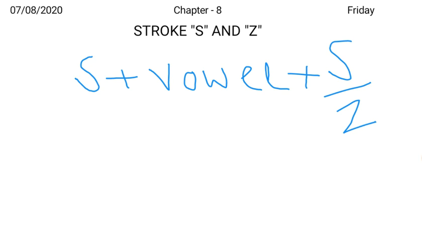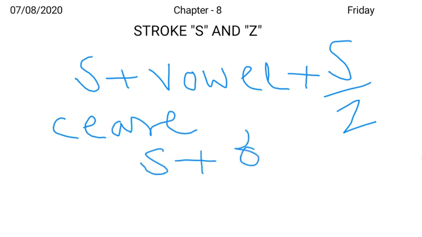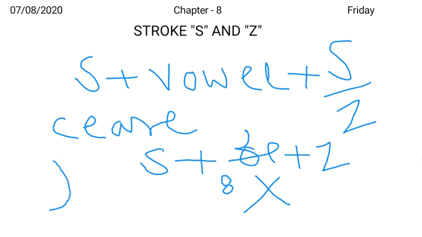For example, take the word seas, S plus E plus Z. Now here in this case, before S there is no vowel. If you write a circle, and finally a circle represents S and Z, if you add another small circle, it gives an awkward joining. So in such a case, one S is represented by the stroke, and the other S or Z is represented by the short form, so that you can mark the vowel.